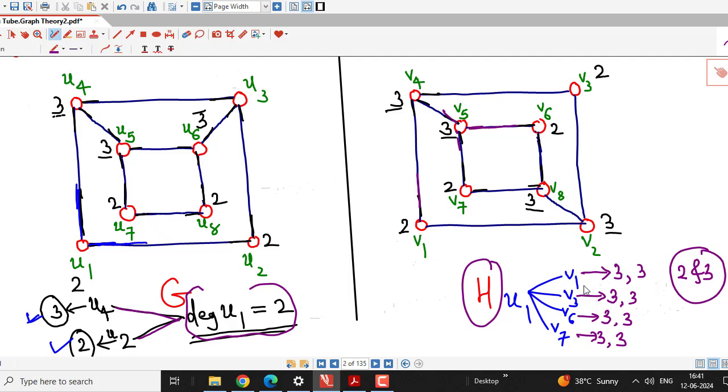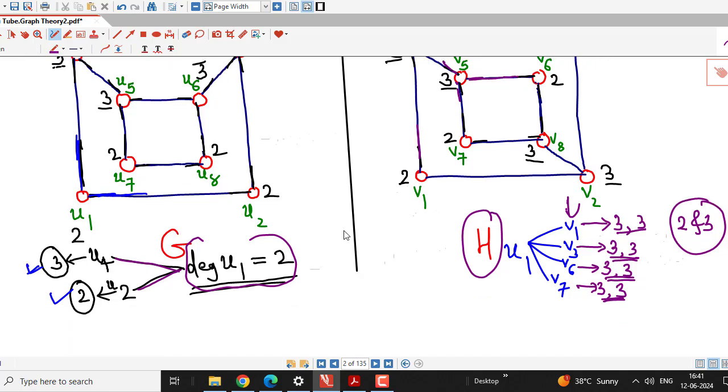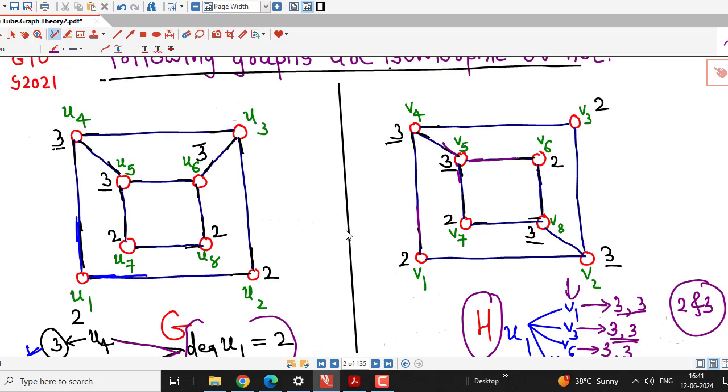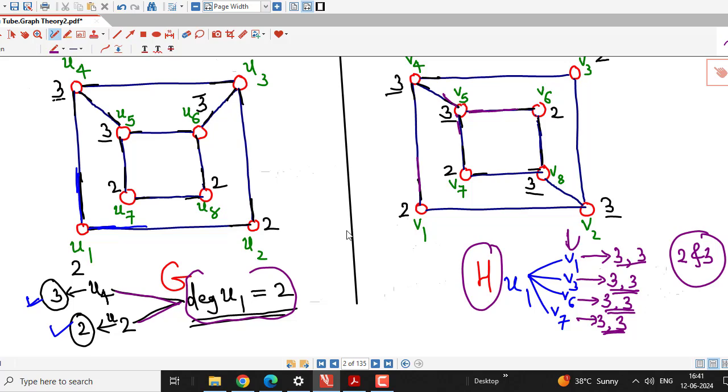But here we can see that all the vertices of degree 2 in H are adjacent with two vertices which have degree 3. So no isomorphism is possible for these two graphs. Therefore we can say that these two graphs are not isomorphic.